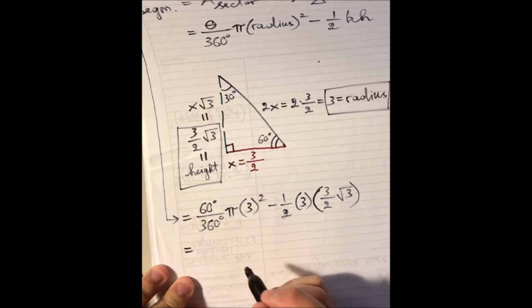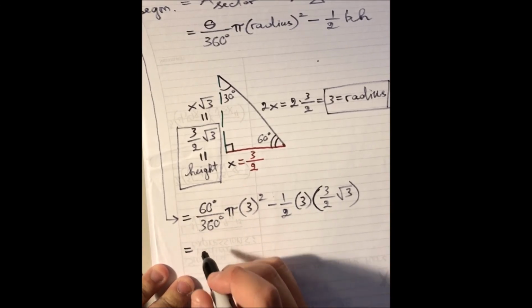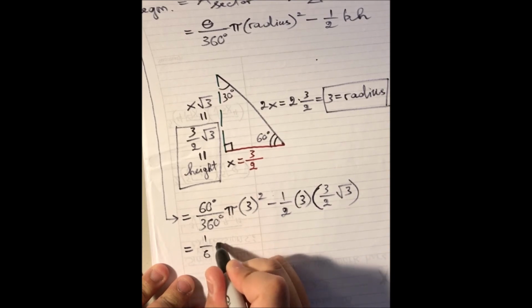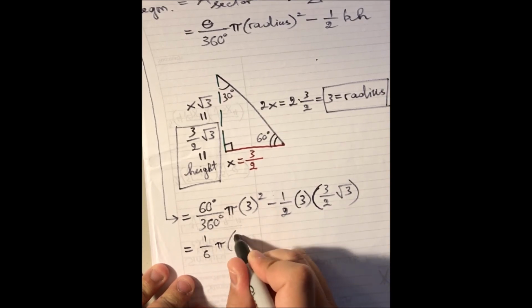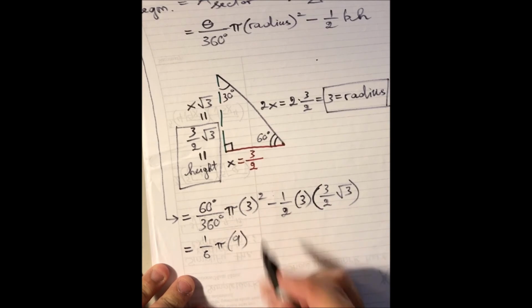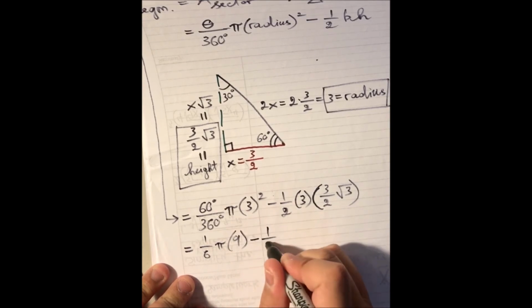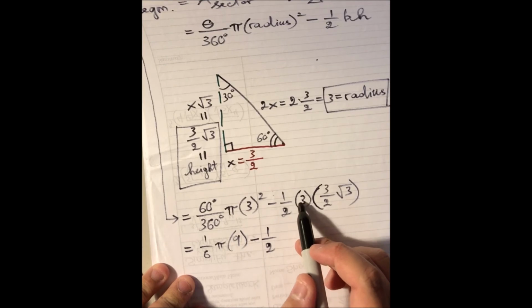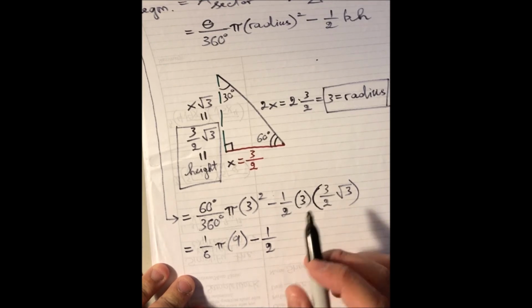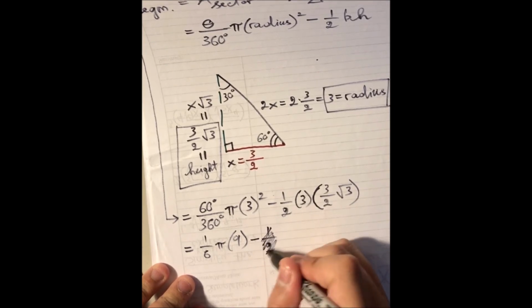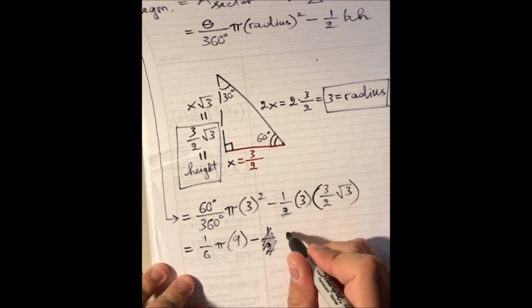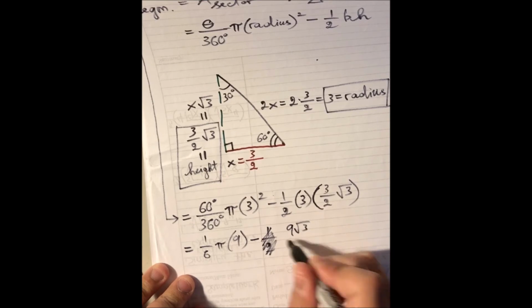Well, this is just going to be a matter of simplification in algebra. So 60 over 360 is going to give us 1/6 pi times 9. 3 squared is 9. Let's see, actually, I'm going to multiply everything else. 1 times 3 times 3 times square root of 3 is going to give us 9 square root of 3.